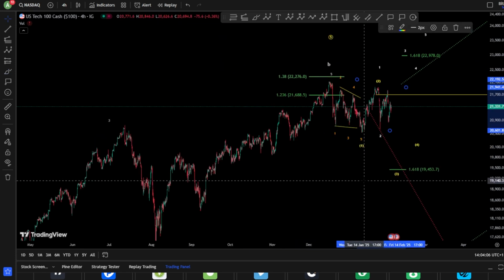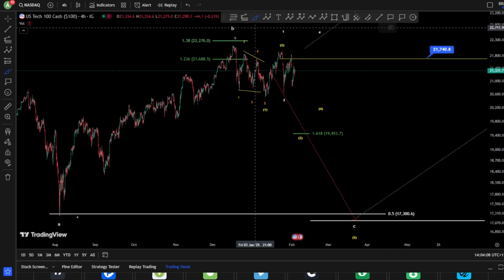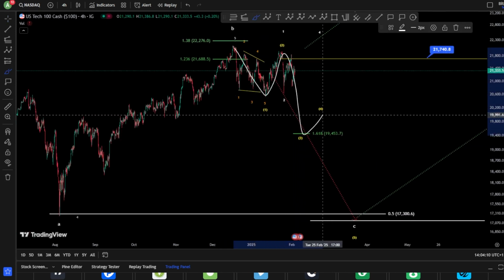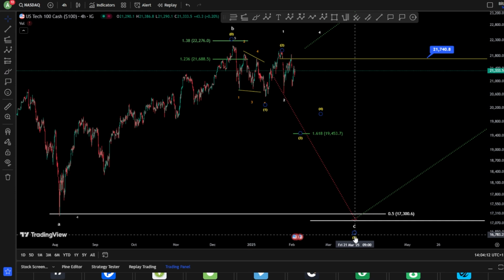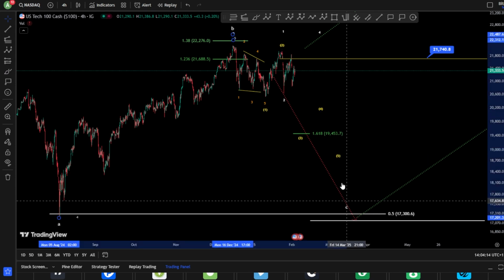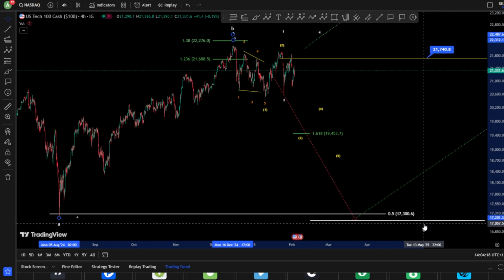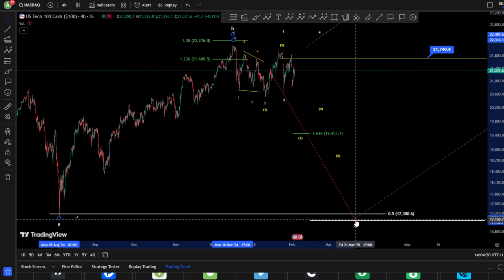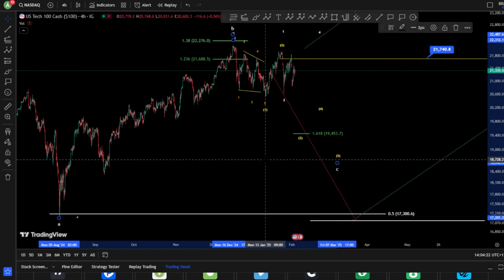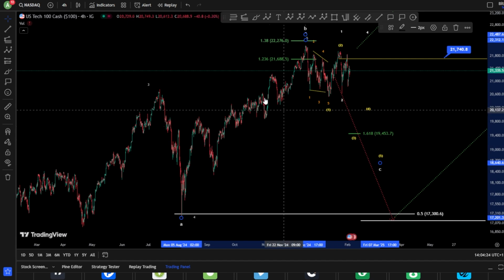19,450 for an impulse, and we're looking a little bit lower for 1, 2, 3, 4, and a 5. Your wave 5 can be a finished ABC, or a finished wave A for your ABC, or it can be a finished expanding flat.